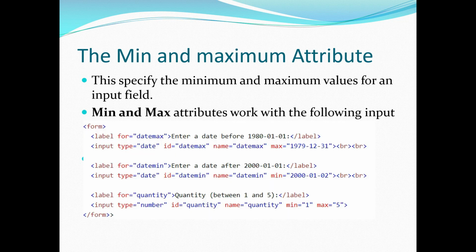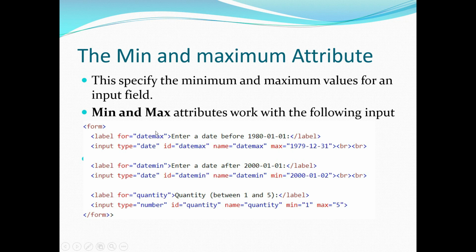For example, this is the form, and inside the form this is the input type date, and it has a maximum value. We can select the maximum date 1970, month 12, day 31, and we can also specify its minimum value.